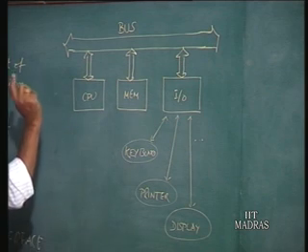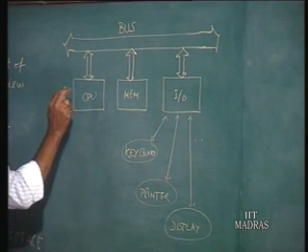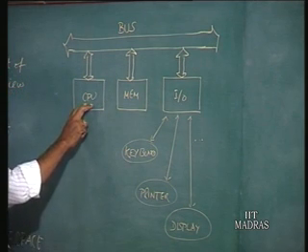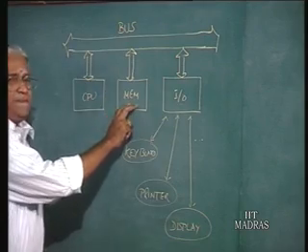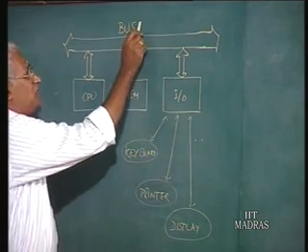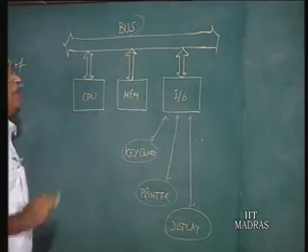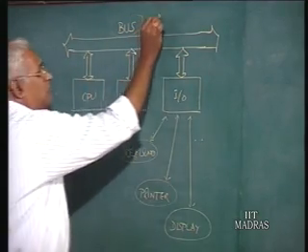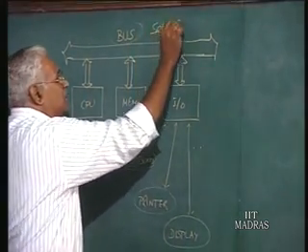And so now we have to talk about a processor, that is a CPU, the memory, and the I/O, and also, for the first time, the bus or the set of signal lines.